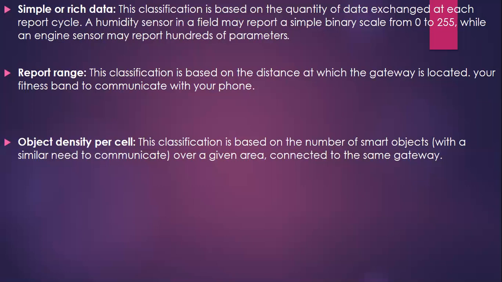This classification is based on the number of smart objects with a similar need to communicate. Remember, object density per cell means if you are deploying many sensors over a given area, connected to the same gateway, this also affects the classification.